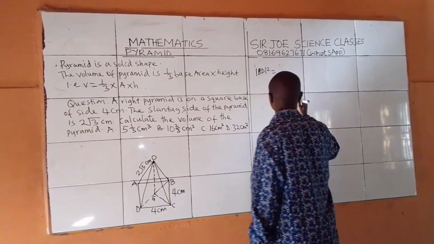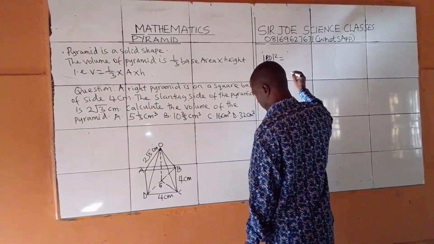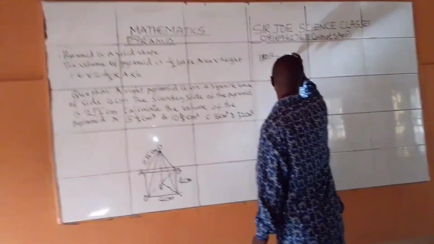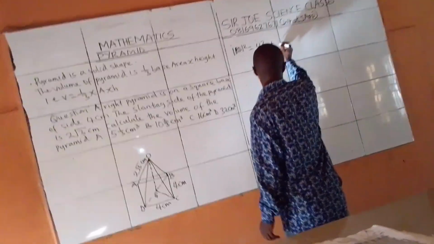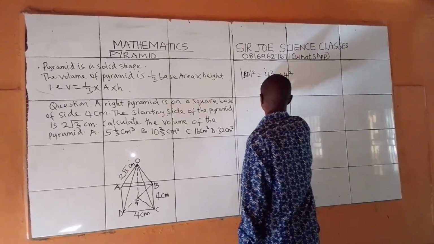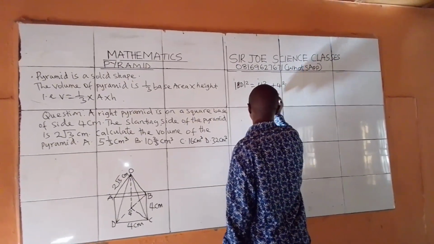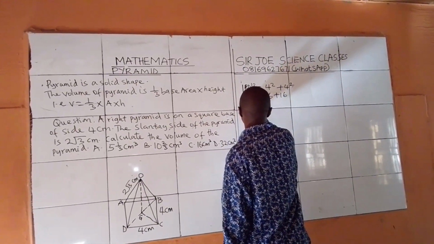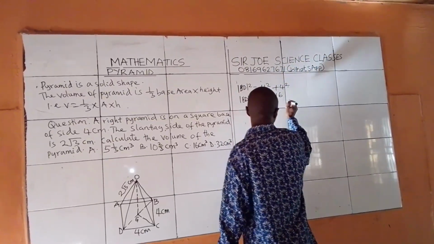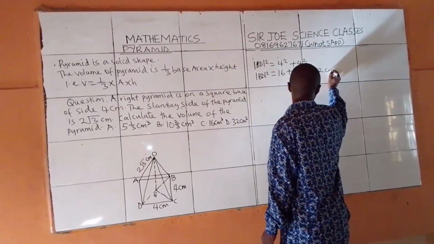So BD square is equals to 4 square plus 4 square, which is equals to 16 plus 16, which is equals to 32 centimeter.